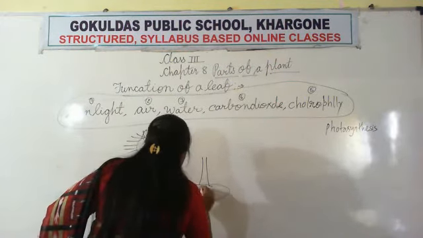Okay, so this is the picture of a plant and sunlight. So sunlight. First thing which is very much needed, which is very much required, that is sunlight.